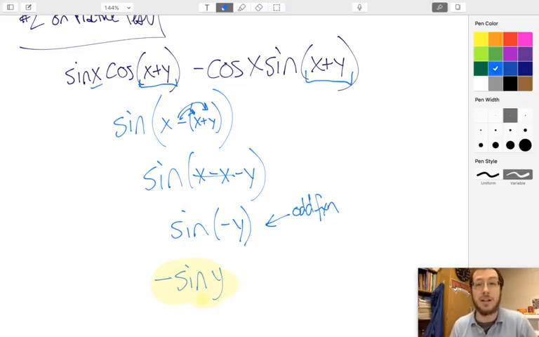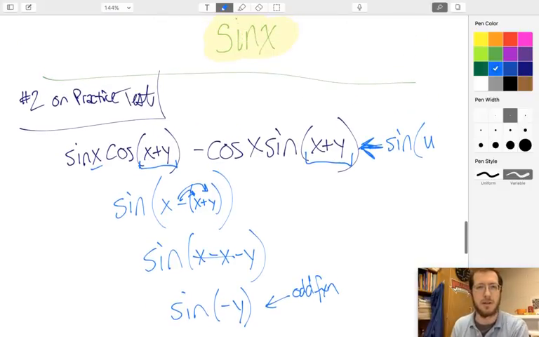But if you can recognize this as your sine of, I think in our notes it was u plus or minus v. Let's write out that whole thing.